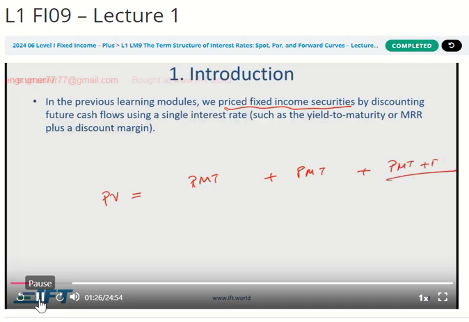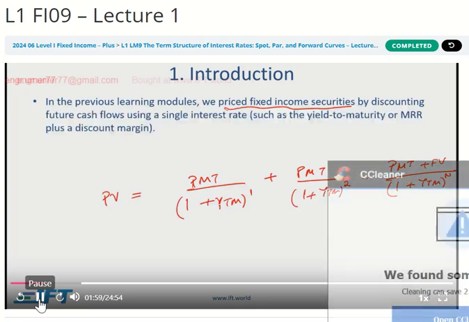That yield to maturity was the same number across all the different time periods, all the different maturity dates. So we use the same number for the 1 year cash flows, the same number for the 2 year cash flows, and the same number for the n number of years. So let me just draw a dotted line over here to symbolize that it could be n number of years, right? That is your maturity.